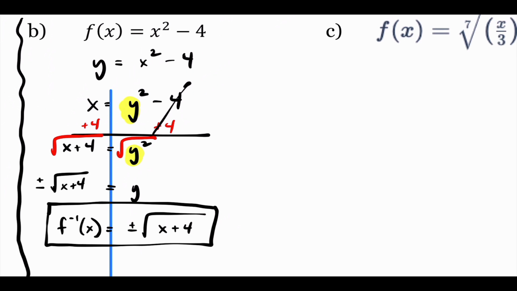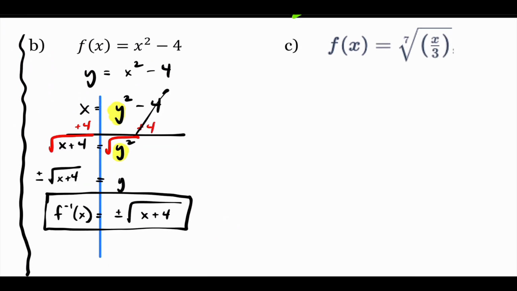Right? That's what we're doing. We're slowly undoing it. The original had squared, right? What's the opposite of squared? So does our answer have a square root? Then it has a minus 4. What's the opposite of minus 4? Does our answer have a plus 4? There you go. Okay, so we're just slowly doing the opposite until we're done.